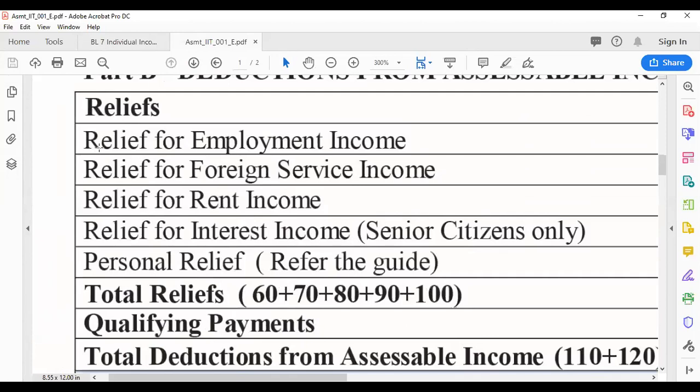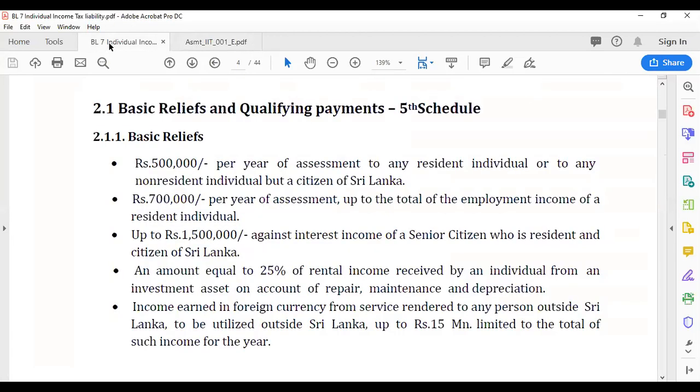Relief for employment income. How many reliefs? One, two, three, four, five different reliefs available for an individual taxpayer. We look at these reliefs one by one, right? We will see the first basic reliefs. So 1, 2, 3, 4, 5, right?